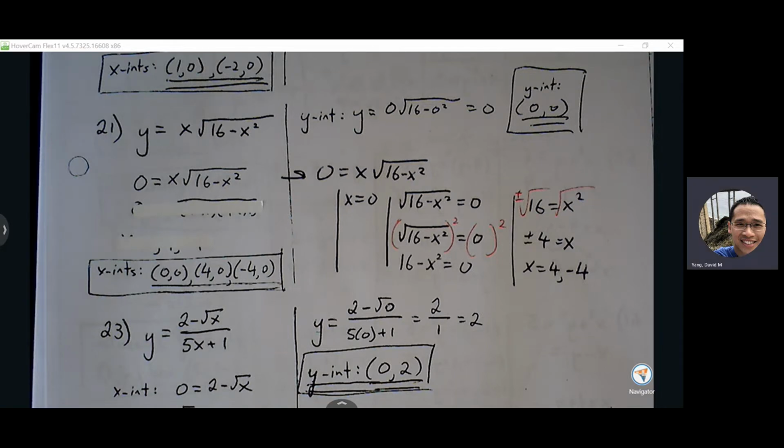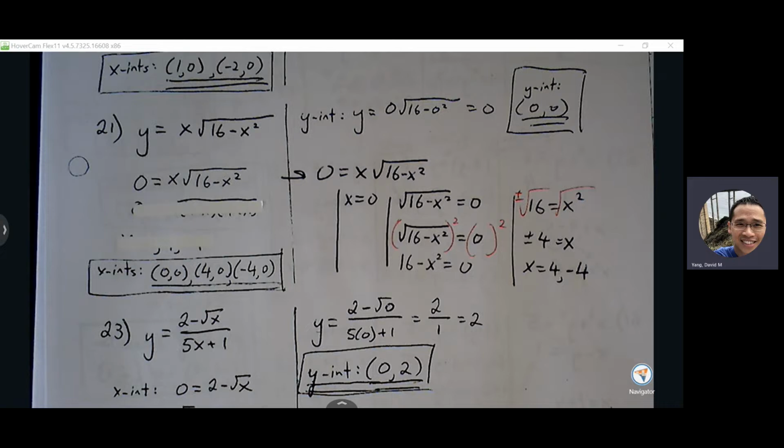So anytime there's addition or subtraction, it kind of messes things up that we would normally like to do. Now, if it was square root of 16x squared, then that's fine. I can take the square root of 16, square root of x squared is x, and that's fine. But when that minus is in the expression, we can't make this jump.